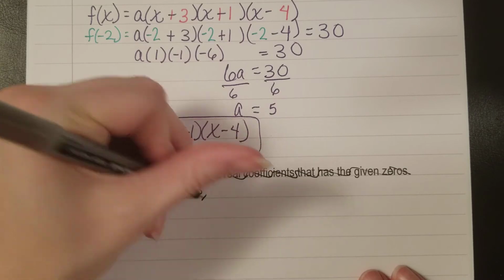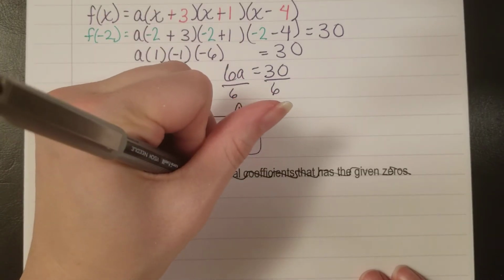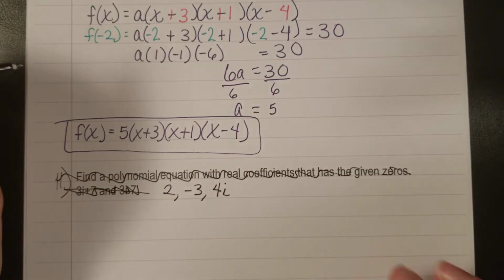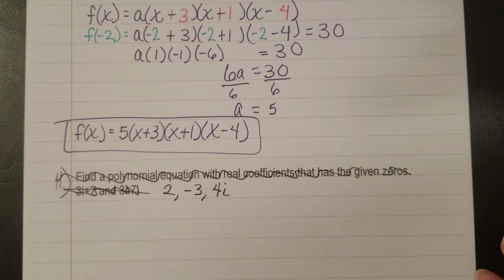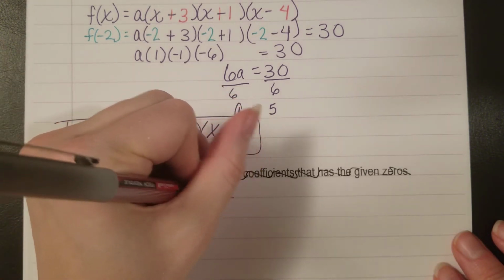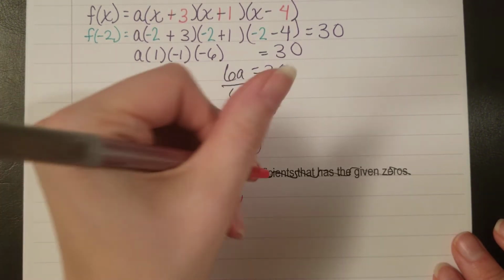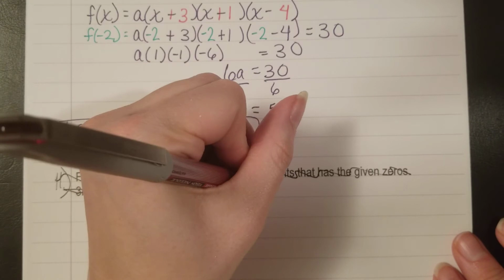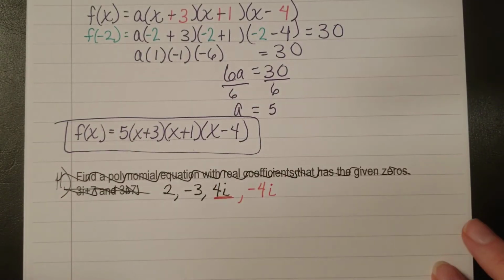Okay, so let's say that the zeros are 2, negative 3, and 4i, okay? All right, so in this case, what we need to know is that if you've got a 0 that is imaginary, like 4i, then you're also going to have the opposite of that as well. That way you can, because it says it has to have real coefficients, okay?